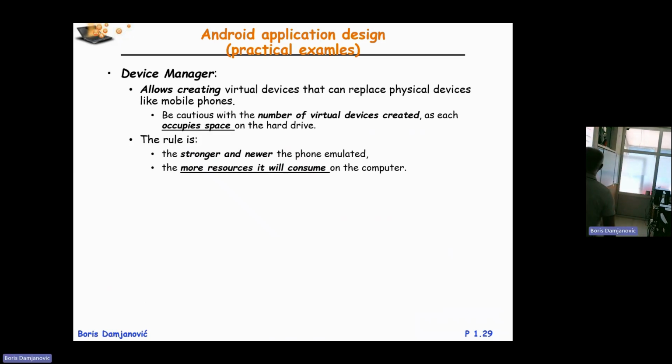So one thing that we must know is that every installation of an emulator occupies some space on your machine, and you can run out of space easily if you install too many devices.